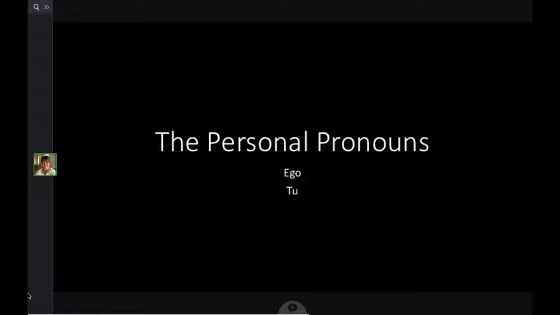You will need to have the personal pronoun chart for ego and tu. It is located in the folder at the beginning of this module. Please make sure to print it and have a copy of it available so that you can write the forms on that chart and the translations.